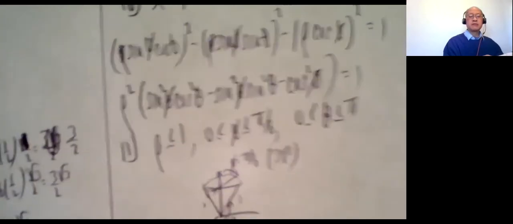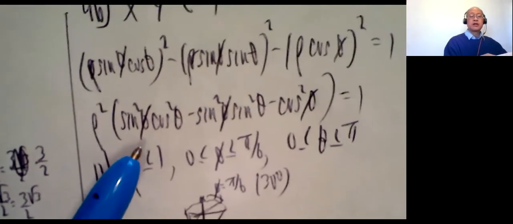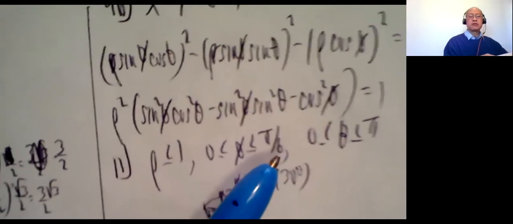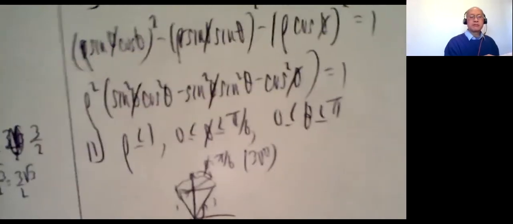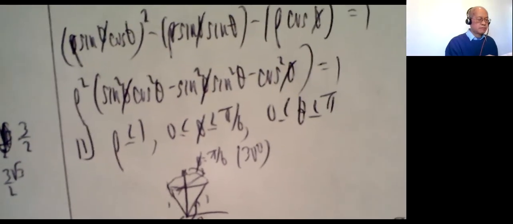Then I cleaned it up, factored out a rho squared: rho squared times (sine squared phi cosine squared theta minus sine squared phi sine squared theta minus cosine squared phi) equals 1. And that's about it.